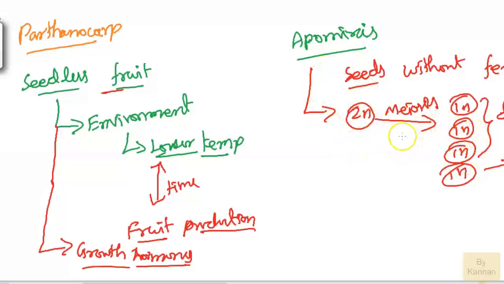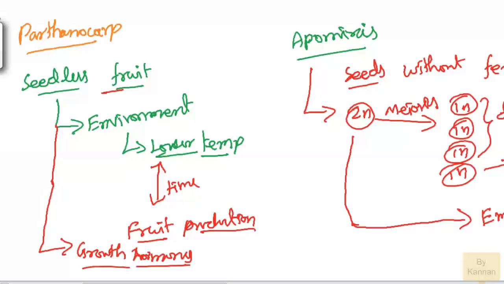But in apomixis, it directly bypasses the entire process and forms seeds. That means the 2n cells directly enter into embryogenesis. Normally, it has to go through meiosis, formation of the embryo sac, and fertilization by the pollen nucleus cells, that is, the generative cells.